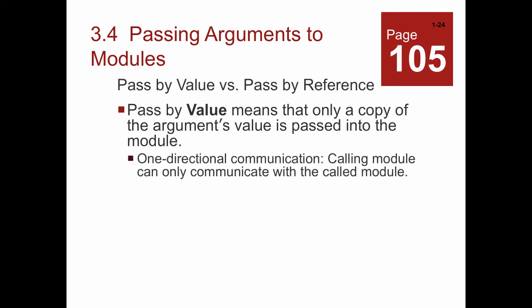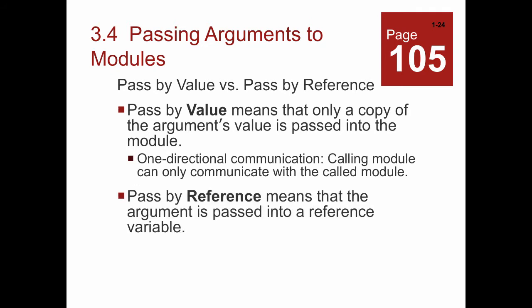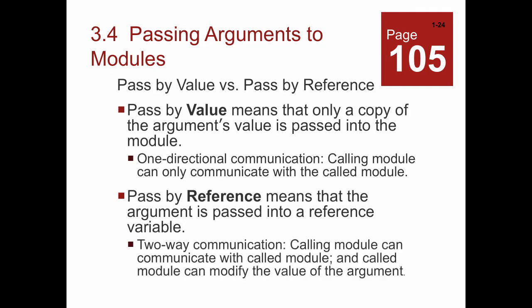It's a one-directional communication, and the nice thing about it is it doesn't change the original. If you pass by reference, in other words, you tell the module where that data is, it can go back and change it. So if it multiplies it by 2, it's going to change the original by multiplying it by 2. And you may or may not want that, but it's a very good way to secure your programs.